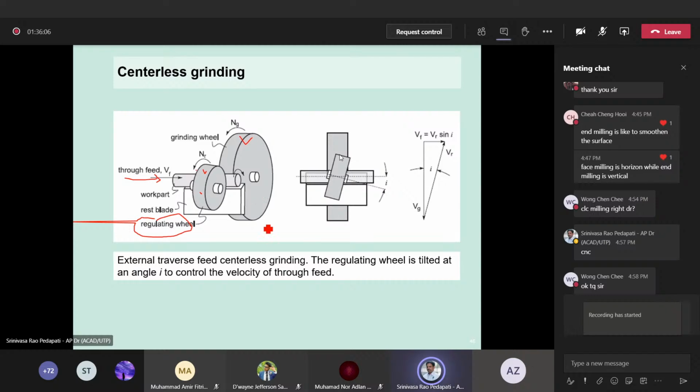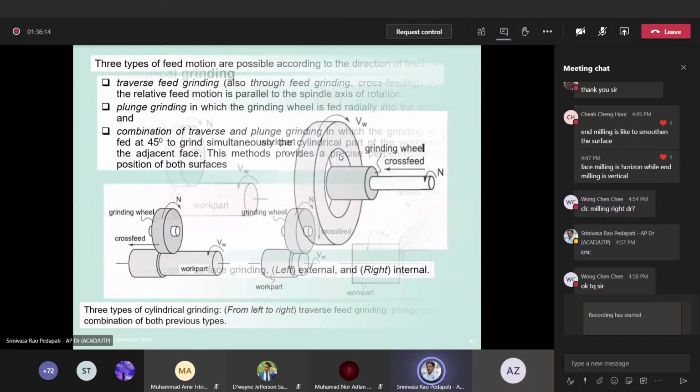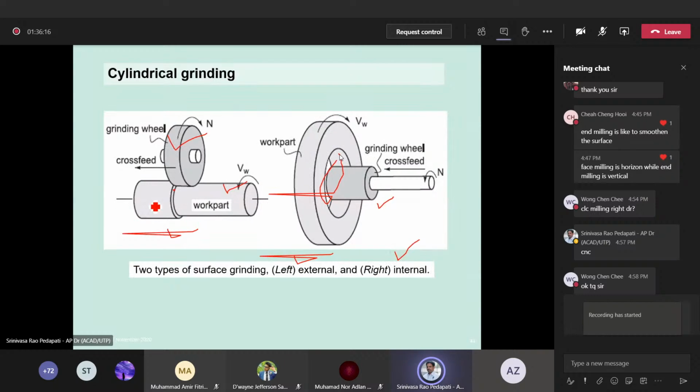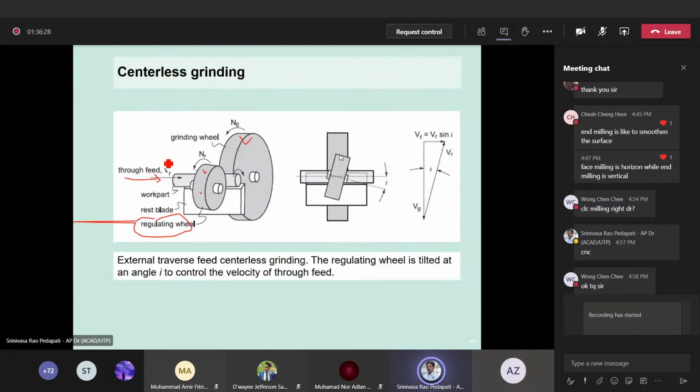Why this is called centerless grinding is that the work is not held between centers. Whereas in the previous cases, to grind, suppose this is the workpiece, it is to be fitted between the centers, that means between a chuck or between the centers of a lathe, or it is to be held by something. Here it is not held by anything. It is a free workpiece which is fed between the wheels.